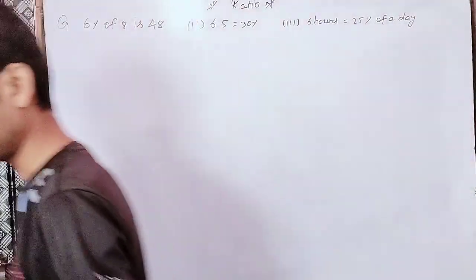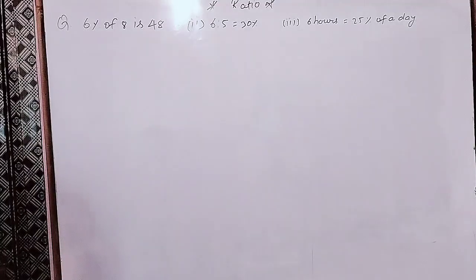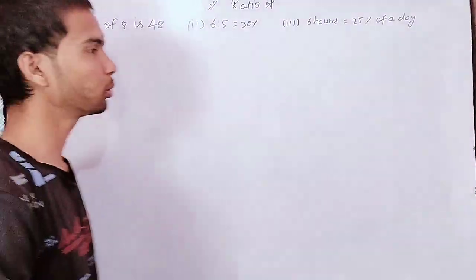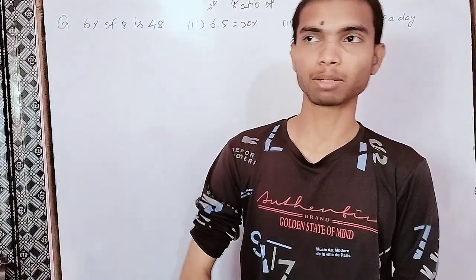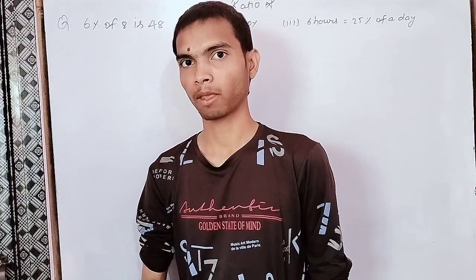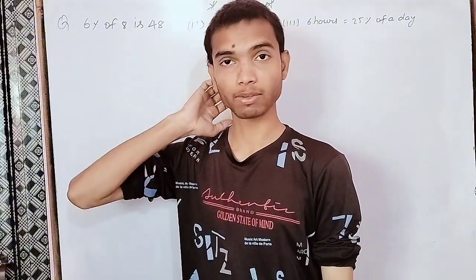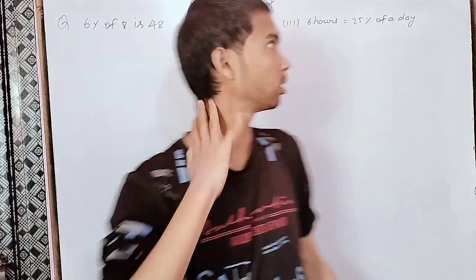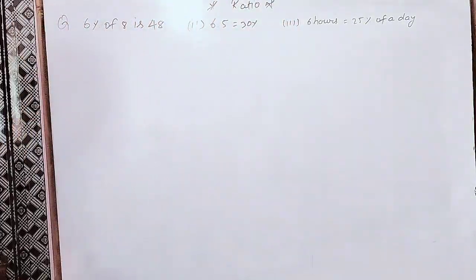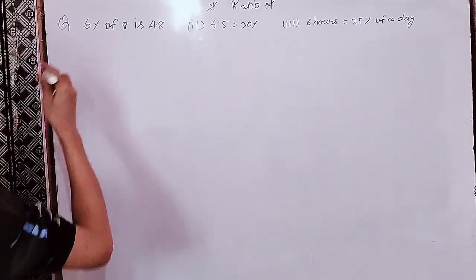Now we have been given 3 statements. We are going to check whether each statement is correct or not. Okay, is this given statement correct or not? So let's check it.